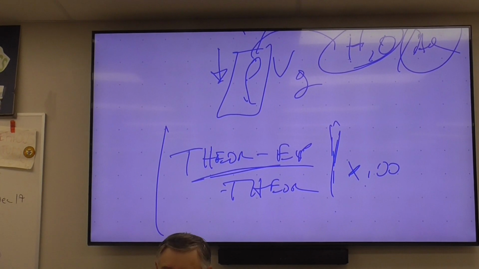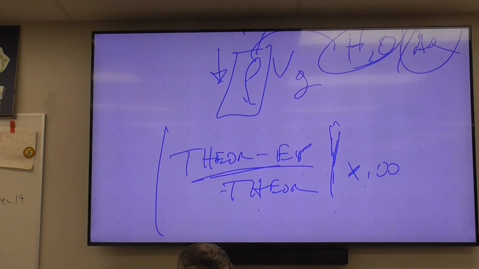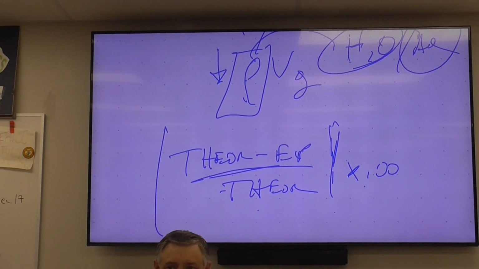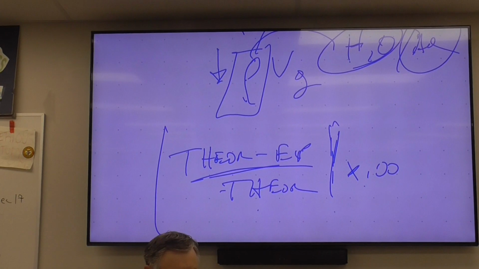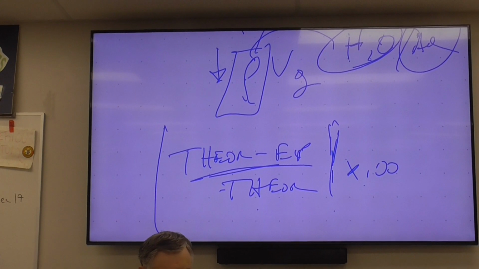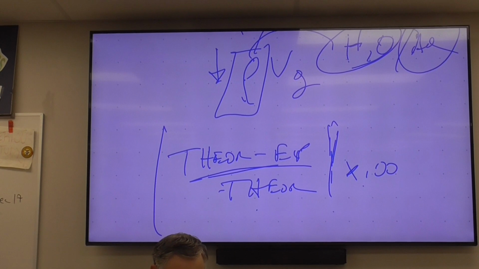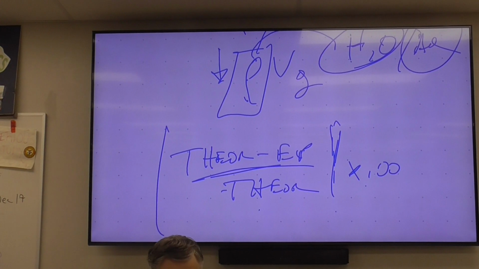The theoretical value is either the 1,000 or the 792. Cool with that? Now, on the questions, do not answer the questions on the sheet.